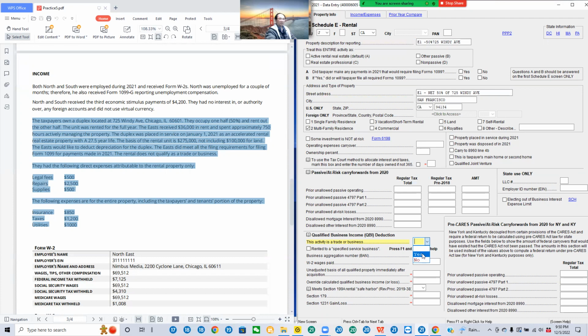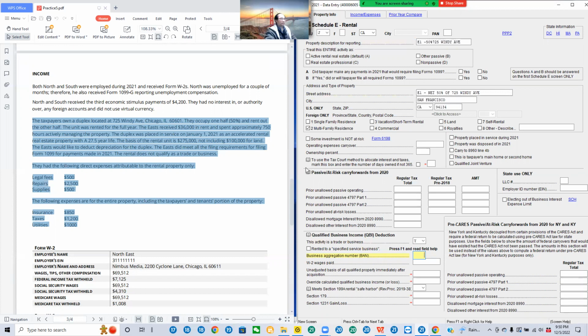It's based on their federal qualification. They could also lump more than one rental property together for this qualification. By doing this, they will put a one in here to connect both rentals together for this purpose. So in here, there's one rental.